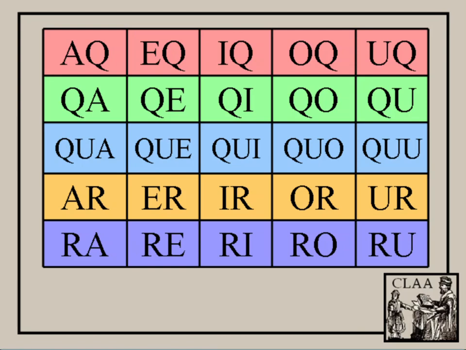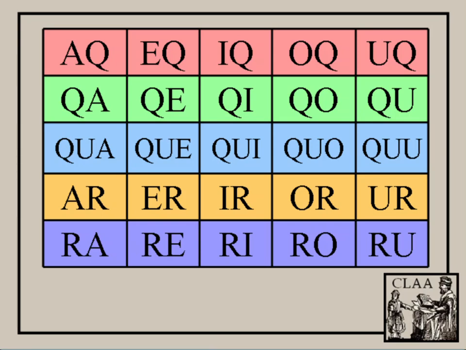In the light blue row, we learned kua, kue, kui, kuo, and kuu. In the orange row, we learned ar, er, ir, or, and ur. And lastly, in the dark blue row, we learned ra, re, ri, ro, and ru.